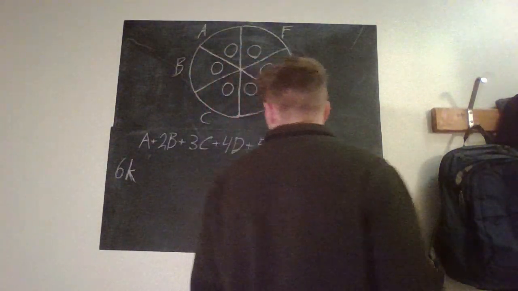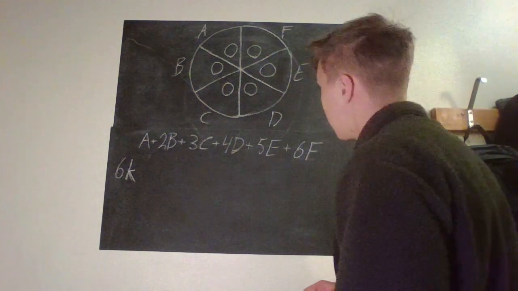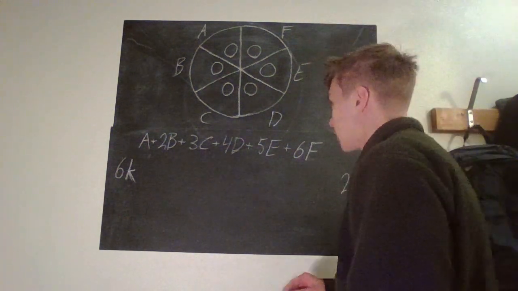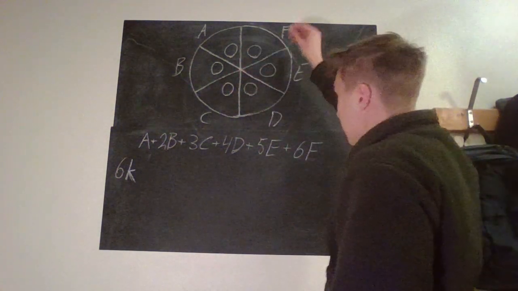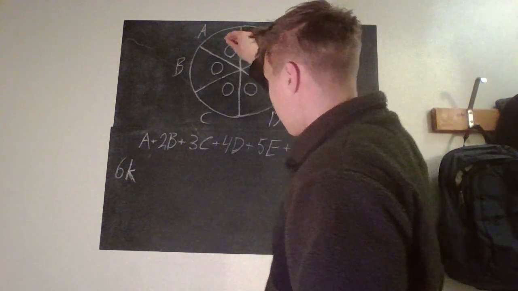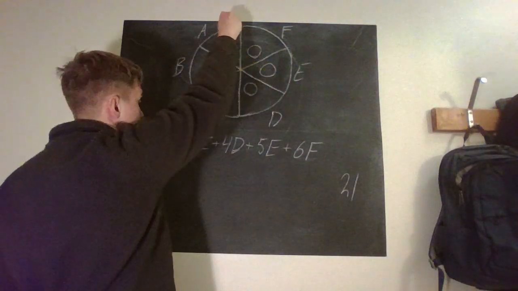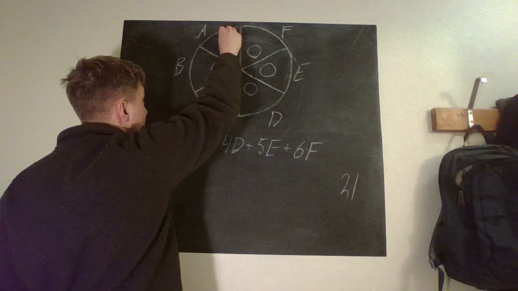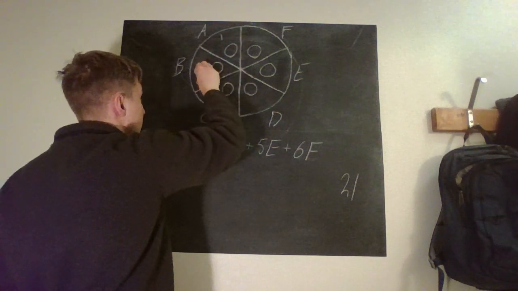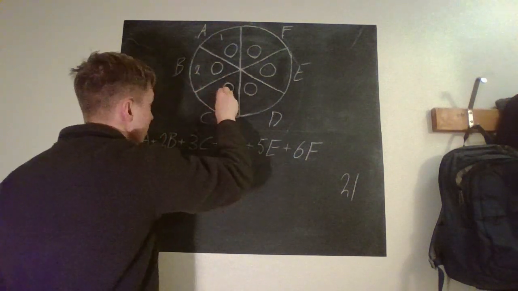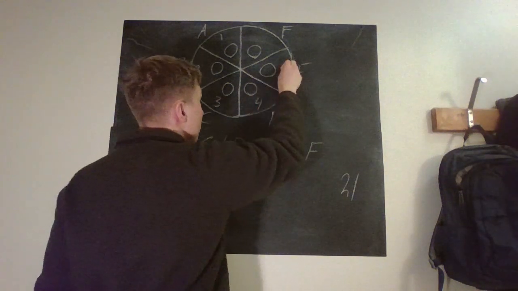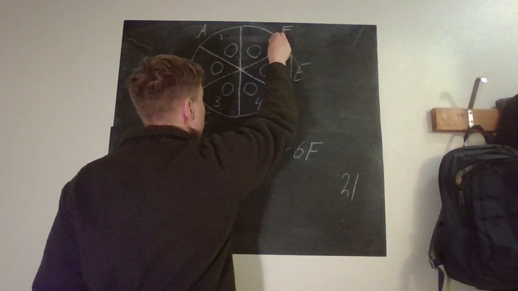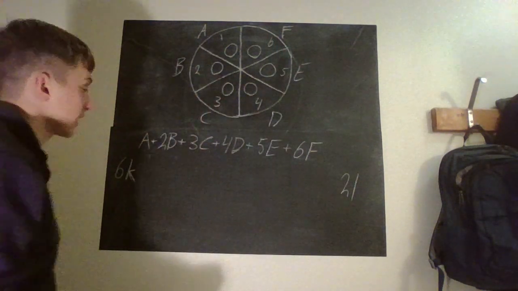Whenever one moves a pepperoni, let's quickly note that this is the slice which is multiplied by 1, this is the slice multiplied by 2, and then 3, 4, 5, and 6, just so that we keep track.